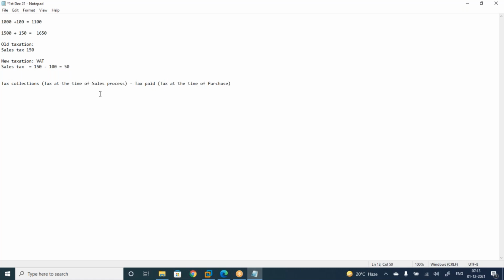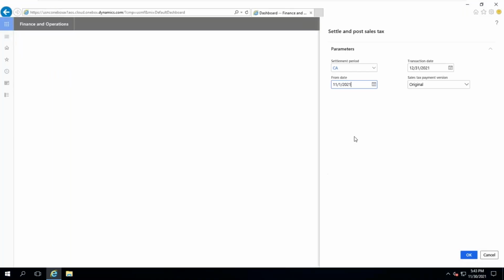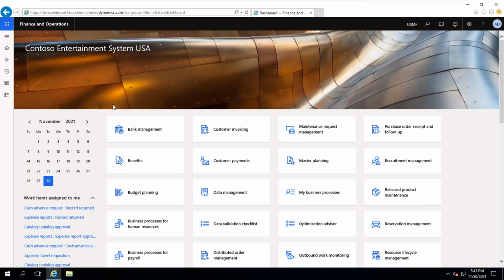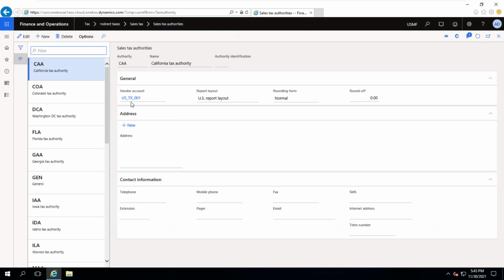It will calculate and arrive at some value. That value will be posted, if you process, to the sales tax authority vendor account. Once it is processed, it will go to the sales tax authority. Whatever vendor account is there in this sales tax authority, it will update here. So you can do the payment to the vendor.